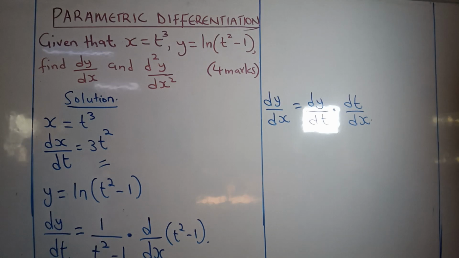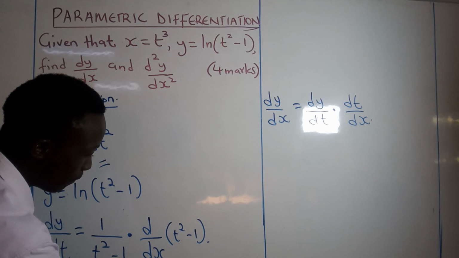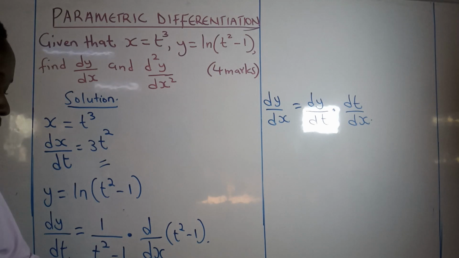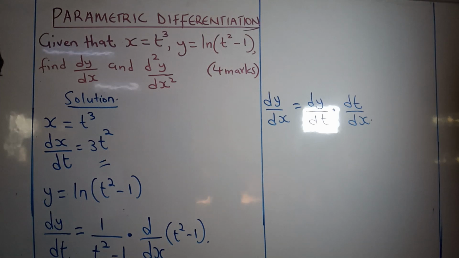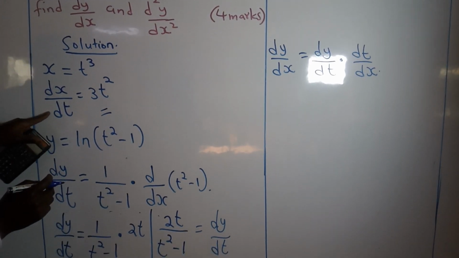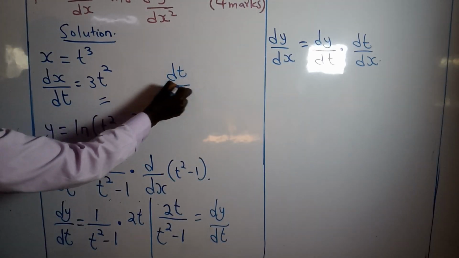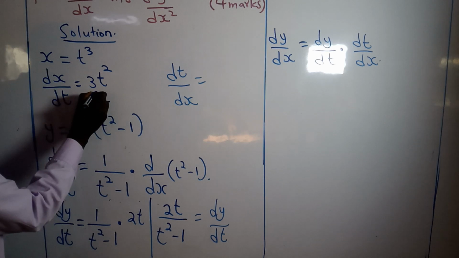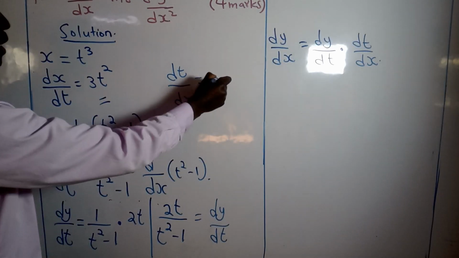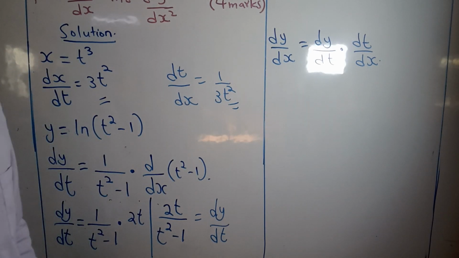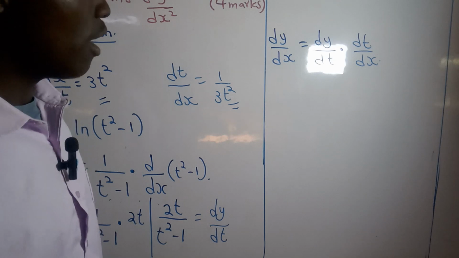We already have dy over dt, which is 2t over t squared minus 1, and we already have dt over dx. Remember that our dx over dt is equal to 3t squared. Therefore, our dt over dx is the reciprocal of 3t squared, which is 1 over 3t squared. So, having the two, we can determine dy over dx.